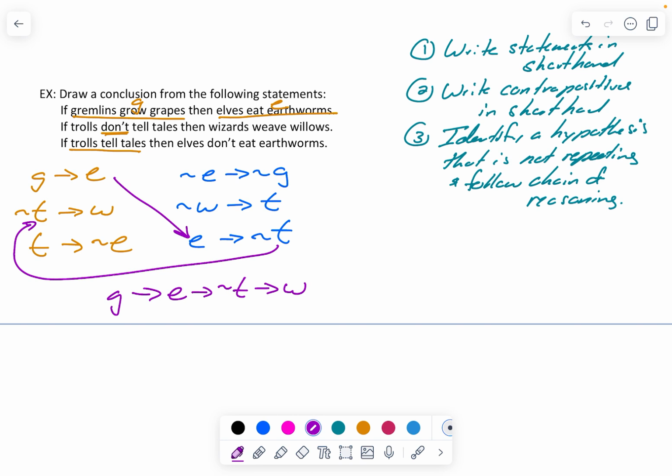And I think we're done, right? Because I don't see another W here. We're not going to necessarily use everything, but when we reach a dead end using all of our tools, then we're done. So basically our conclusion is if gremlins grow grapes, then wizards weave willows.